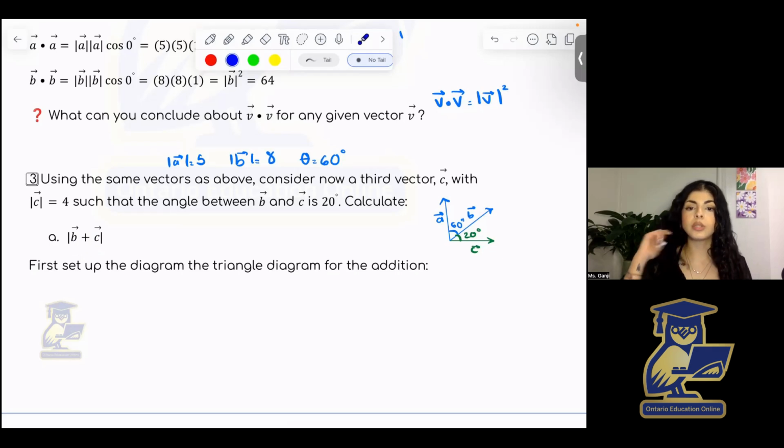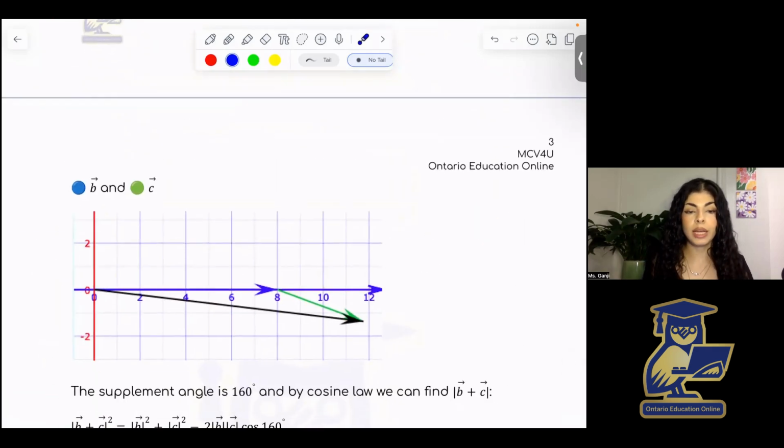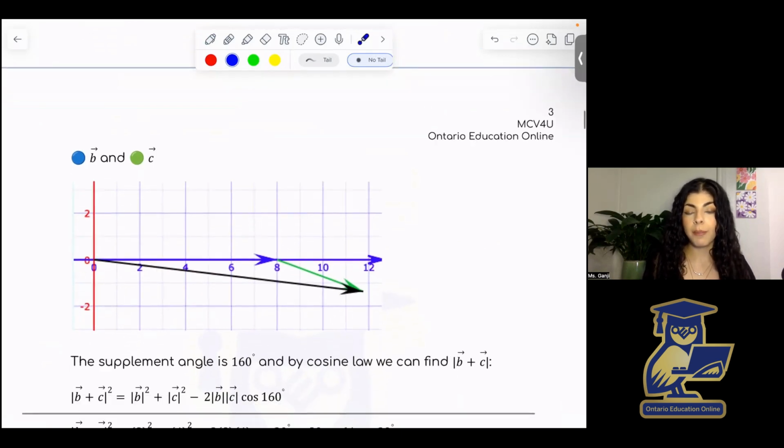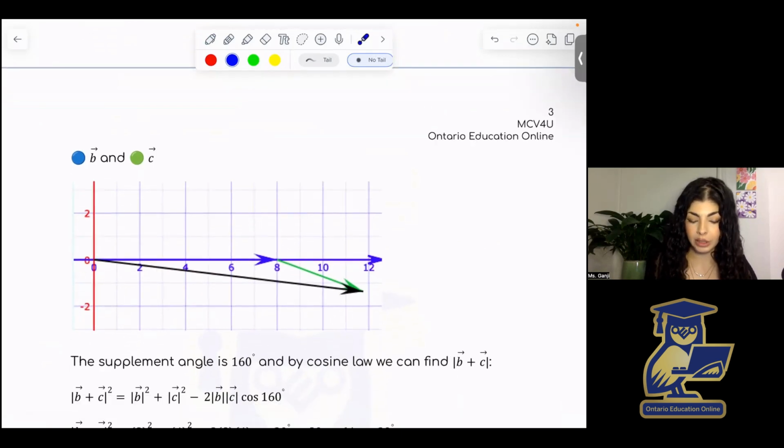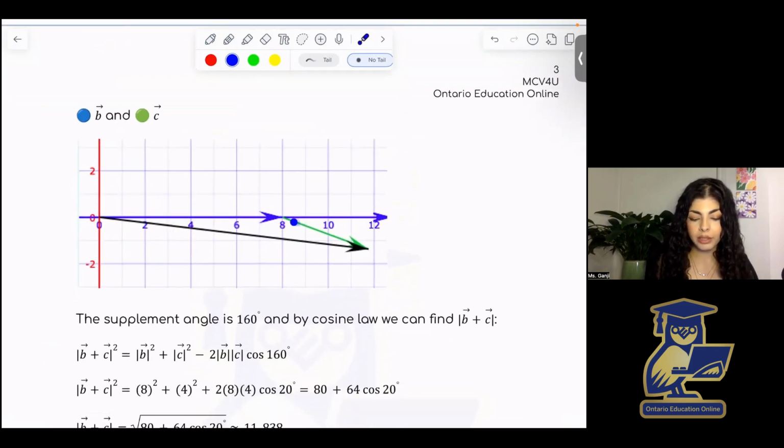So I'm going to set up the triangle diagram for the addition. And in this lesson, I've also included a vector calculator for you where it shows, when you're adding different vectors, how it will look from head to tail. So please take advantage of that as well. Here, vector B is in blue and vector C is in green. We know that vector B has a magnitude of 8, and because we're working with geometric vectors, I can choose this to be the position vector.